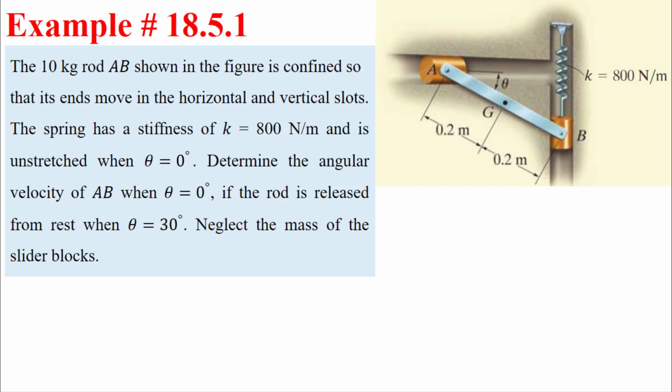Let's see this problem, Example 18.5.1. In this problem, the 10 kilogram rod AB, so here is AB, and this rod's mass is 10 kilogram, shown in the figure, is confined so that its end moves horizontally in this channel with the slider, and this point is confined to move vertically in this channel with the slider.